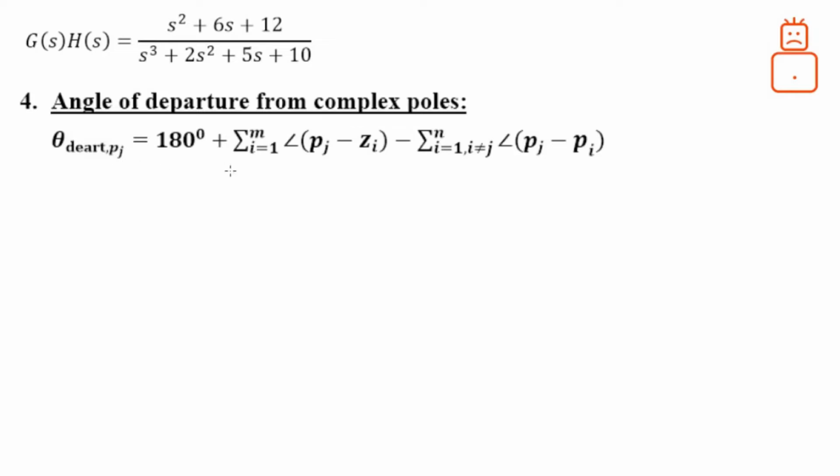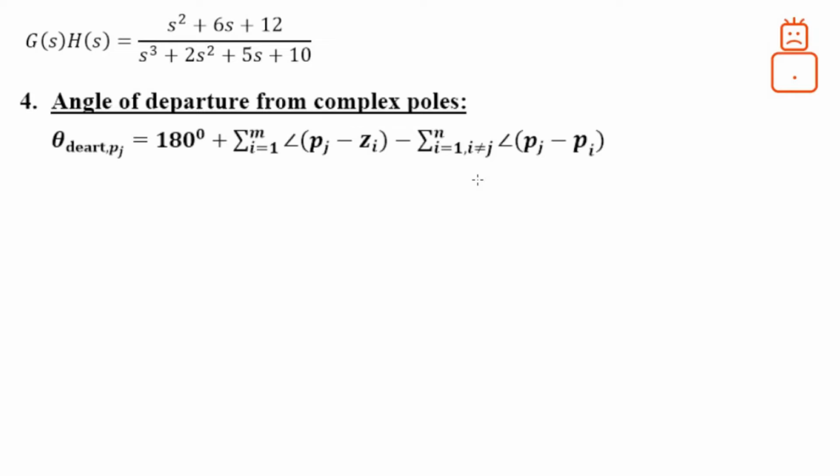So this is equal to 180 degrees plus the summation of angles that the zeros make with that corresponding pole, minus the summation of angles that the other poles make with the corresponding pole, without considering the pole itself. Okay, we don't take that pole into consideration.